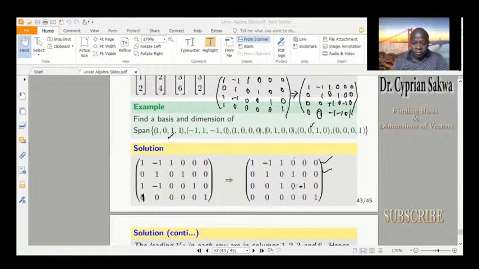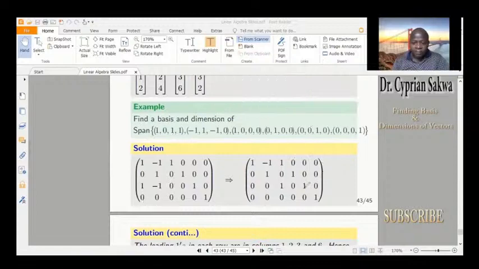But let's suppose this is the final matrix that I get. What I'm interested in is the basis, but we'll go through slowly and see. Since these vectors were arranged in column form, I would choose the leading ones.